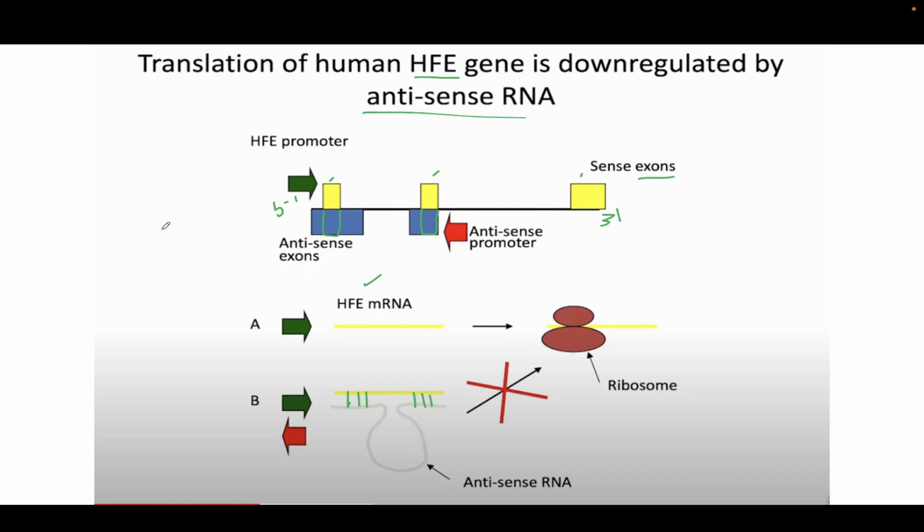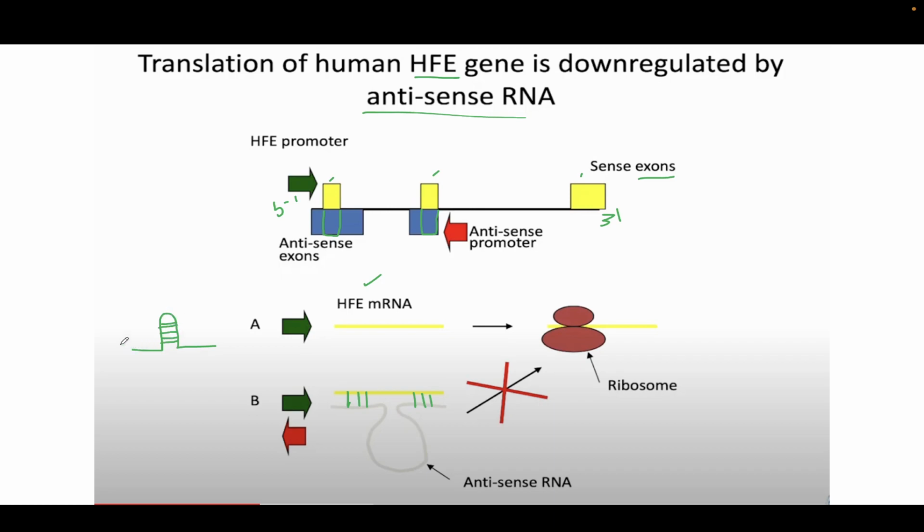During this process, there is a particular time where you need to terminate it. In termination there are two types, rho independent and rho dependent. I am talking about rho independent. In that case, there are GC rich regions, that is guanine and cytosine, that form a hairpin-like structure. These GC rich regions form the double-stranded structure.